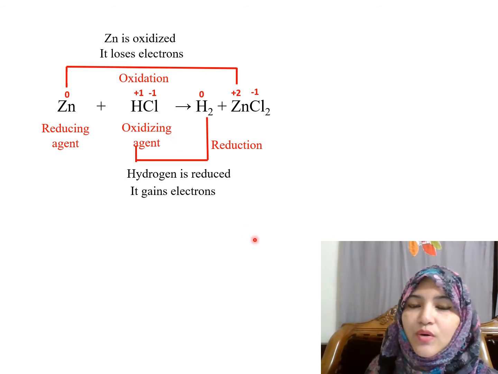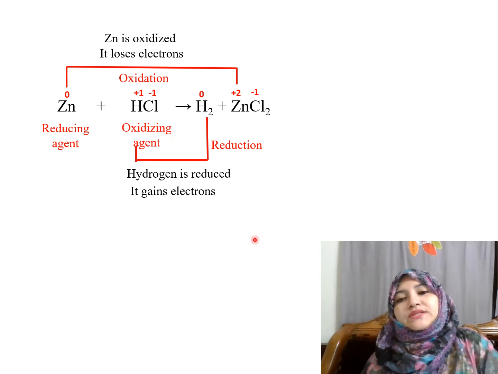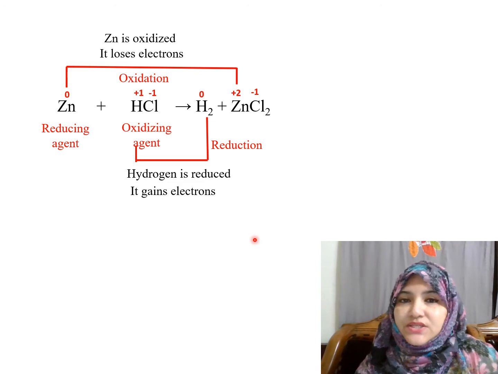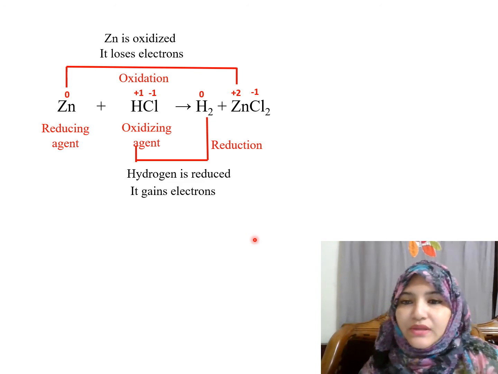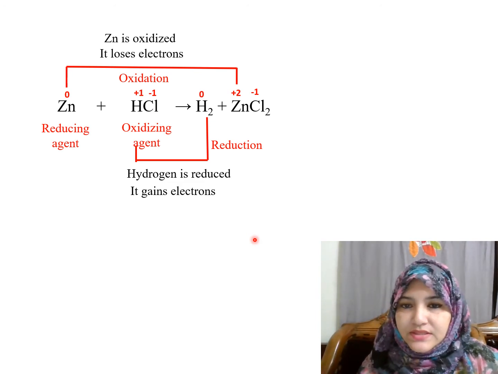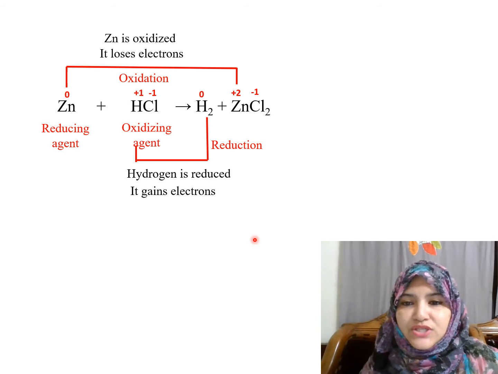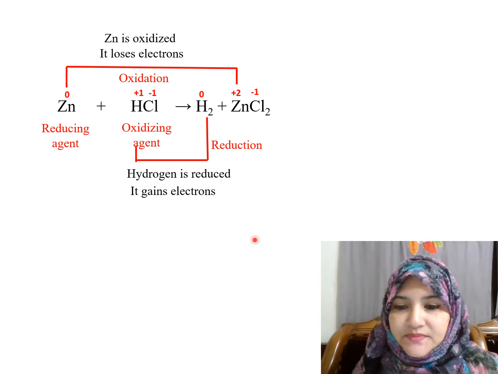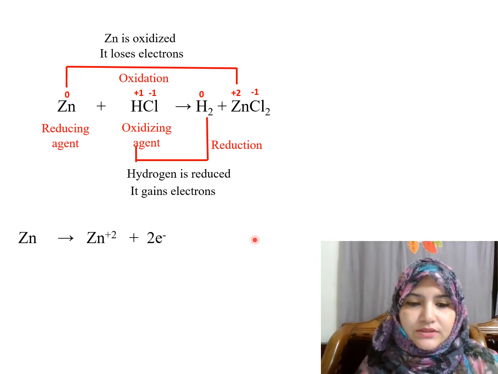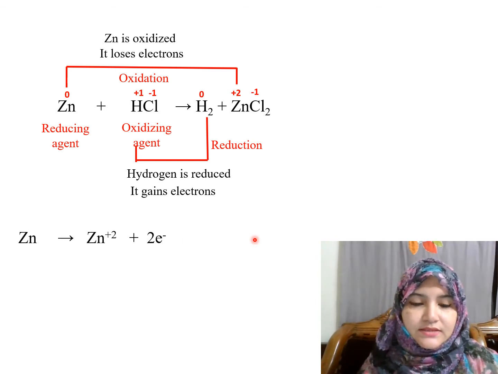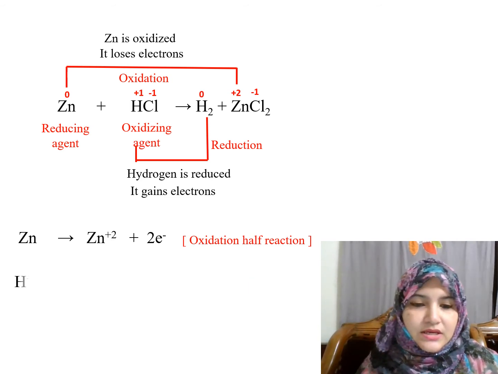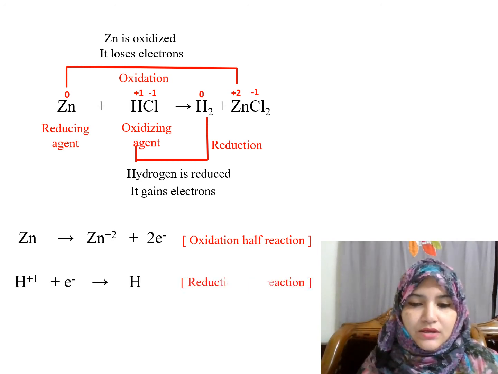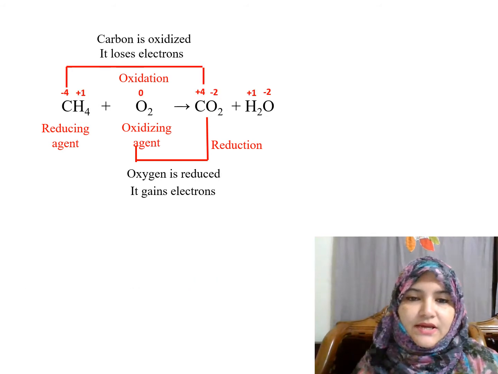This is a common question that you might see on a typical chemistry exam, very common for MCQ or CQ. And these are the half reactions for this reaction: this is the oxidation half reaction, and this is the reduction half reaction.